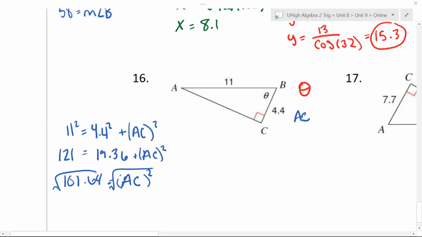And let's take a look. So AC should be about 10.08.